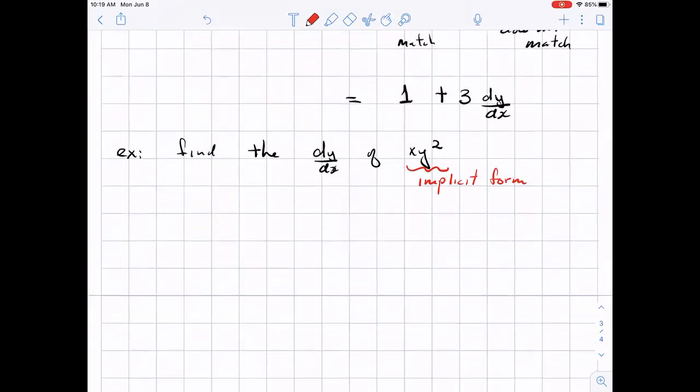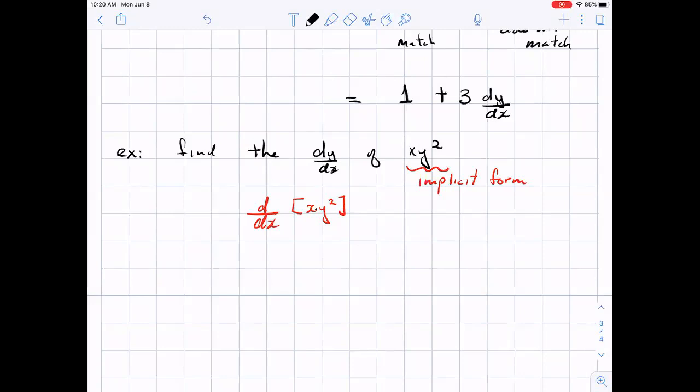So d dx of the function xy squared. That's what they're asking. Well, here we have to use the product rule. So what does the product rule tell us? Since this is a product, we're going to use the product rule. The product rule says to first differentiate x, then we add the differentiation of the y.